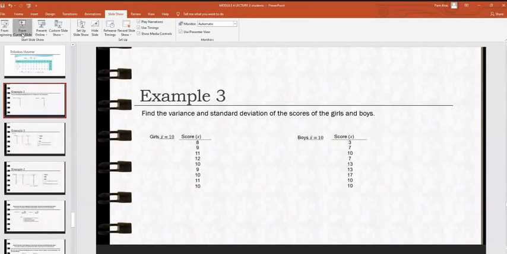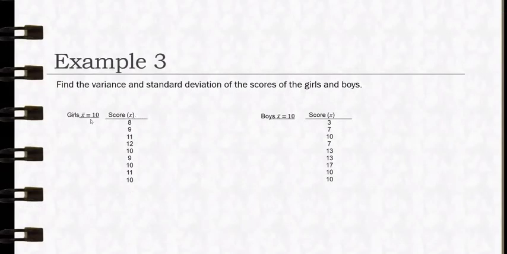Notice that if you know the value of the standard deviation, even without looking at the distribution or the actual scores, you can already make a comparison between two distributions, whether one is better or not. So the girls' standard deviation is 1.22, while the boys' is 4.09.